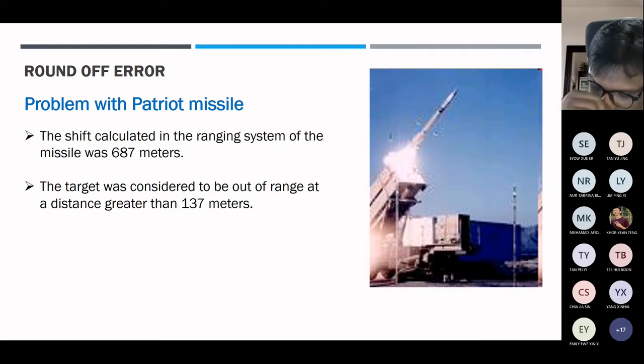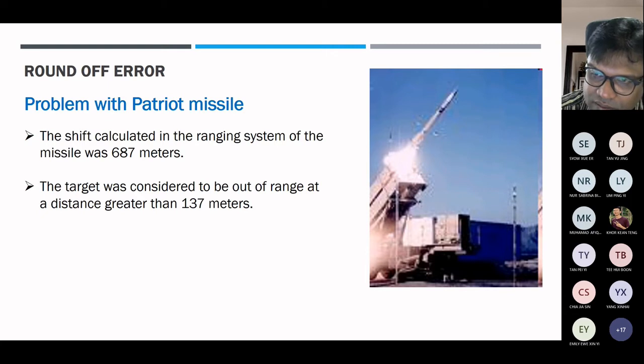But in this case, the radar captured the picture at 687 meters for the first signal, and then the second signal at every 667 meters. So the time for the second is higher, and the distance becomes even higher.